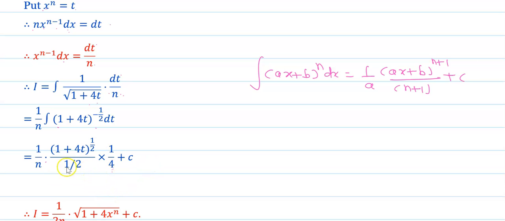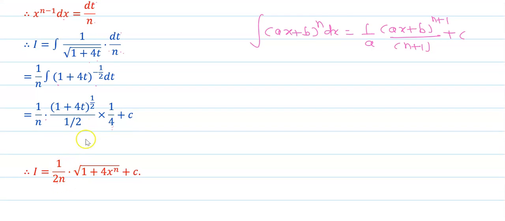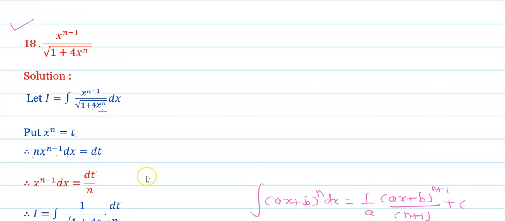Now the simplification: 1 by 2 into 4, you will get 1 upon 2. So 1 upon 2 is this, and 1 plus 4t raised to 1 upon 2 means root, plus c. And hence I is equal to 1 upon 2n into root of 1 plus 4 x raised to n plus c. In this way.